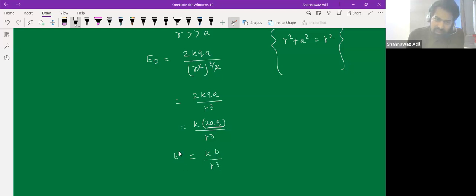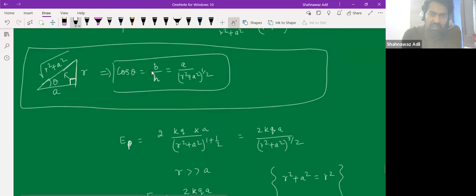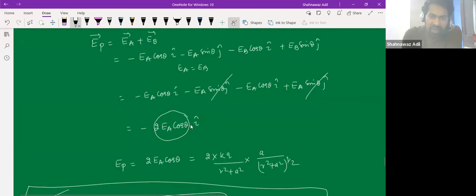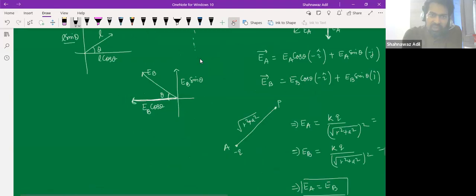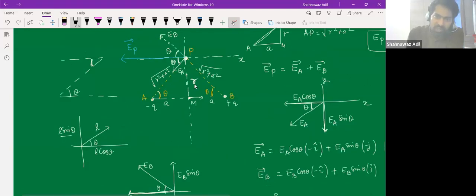This is the magnitude at the equatorial point, right? And we already know the direction. So the direction was minus I hat, which was opposite to this direction. This is the P hat direction, so this is minus P hat.